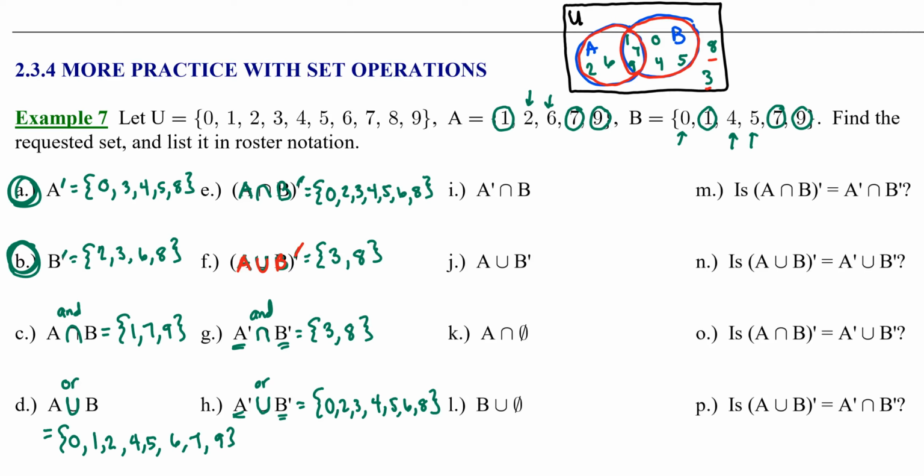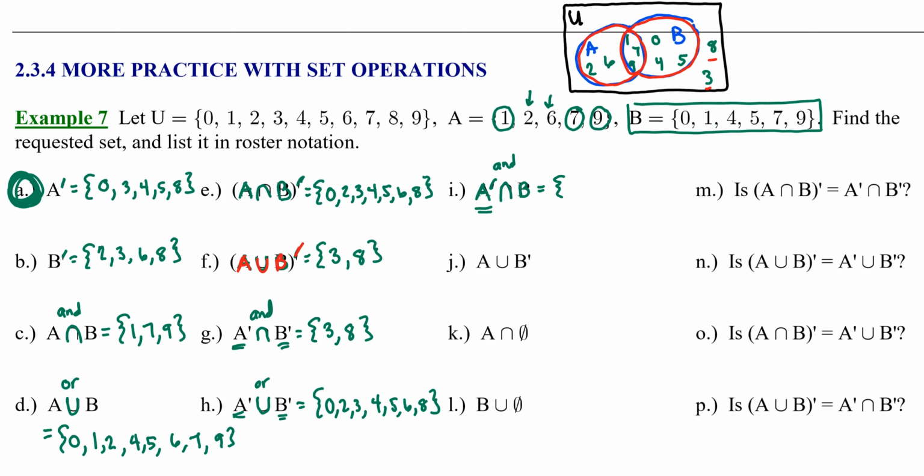Okay, next example. We want A complement intersect B. So I need to know what is in both of these sets. A complement is listed over here. That was the first set we found. And set B is up here. So I'm looking at A complement and I'm looking at B, and I'm identifying what these two have in common.